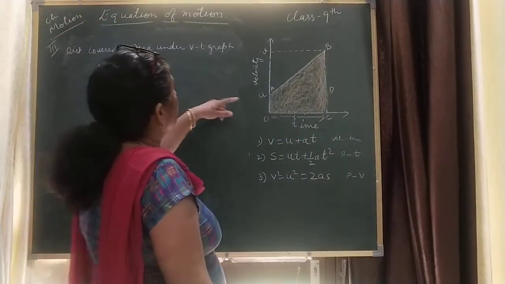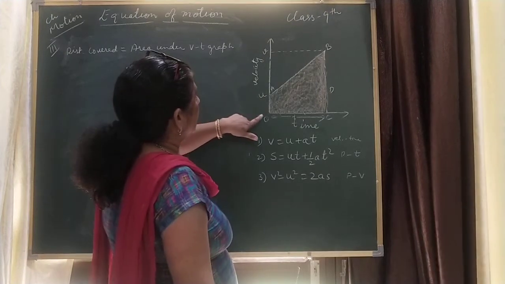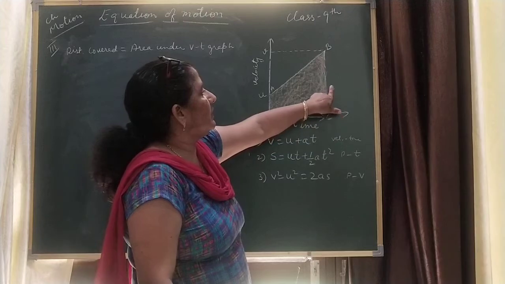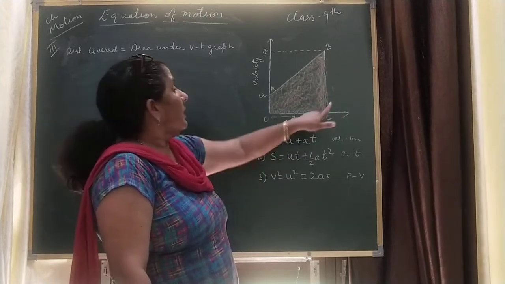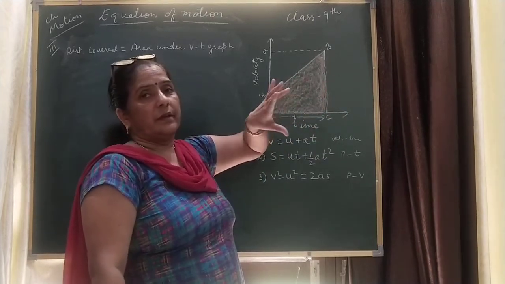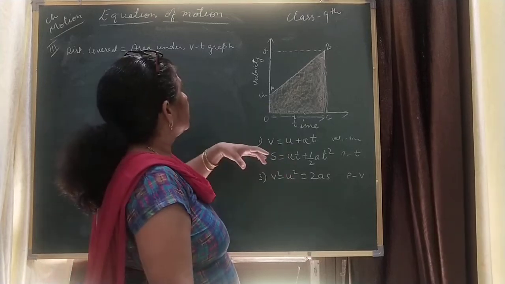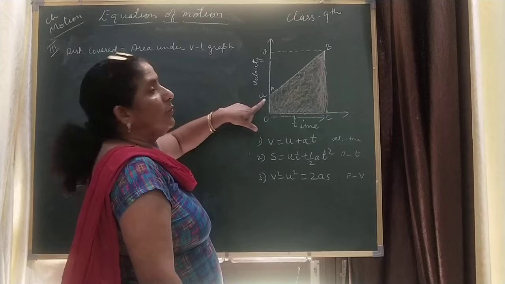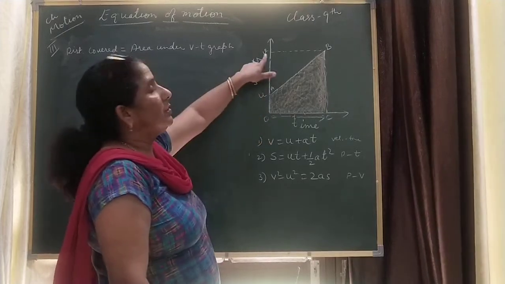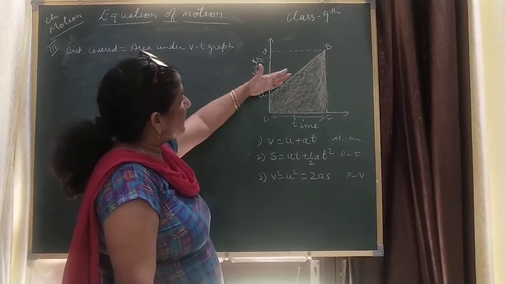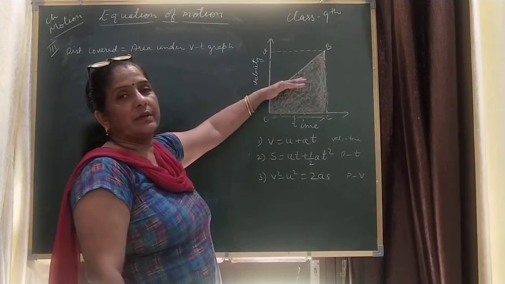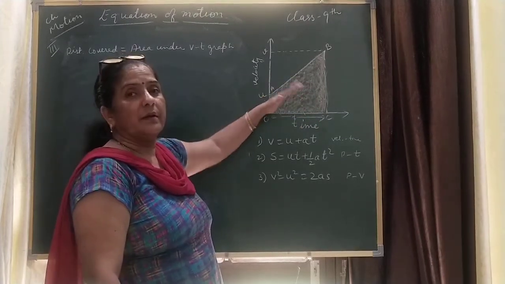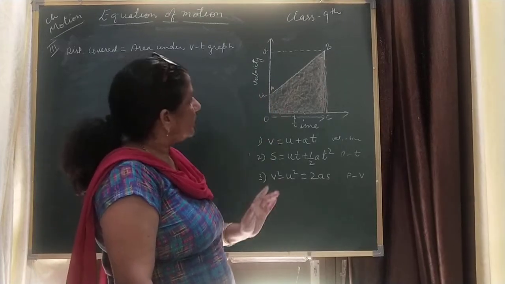Now again look here, O, A, B, C. Now don't take B here. I am calculating the distance covered by an object when it moved from velocity u to v. Now that can be calculated by calculating the area under AB, the velocity time graph.